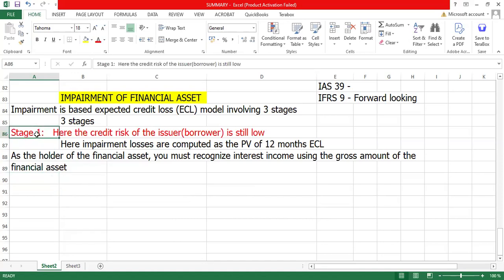Basically, you need to know that with stage one, the person is still okay. The borrower is still okay. You have no much doubt that this person will default.